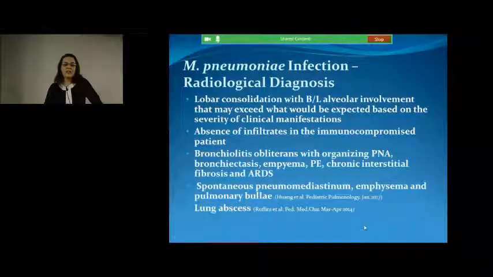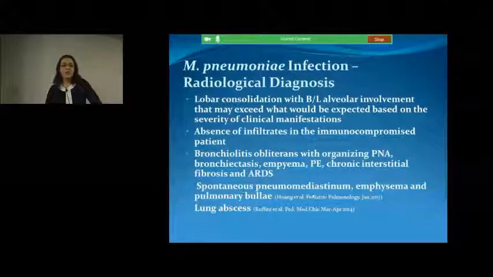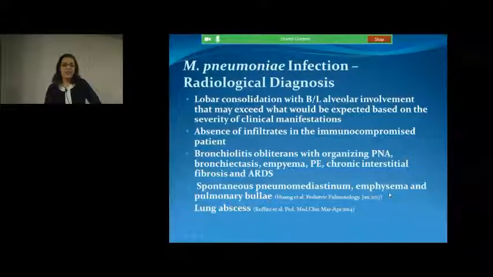There is one case described in the literature each of pulmonary embolism, chronic interstitial fibrosis, and ARDS. Also, there is a recent case report published this year of Mycoplasma with positive IgM and serological conversion of the titers, with pneumonia and spontaneous pneumomediastinum, emphysema and pulmonary bullae.